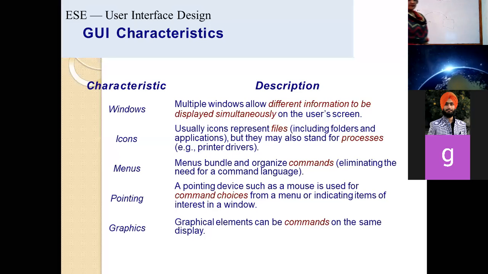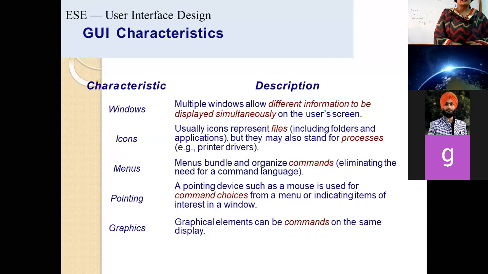From windows, we mean that multiple windows allow different information to be displayed simultaneously on the user screen. This is one of the characteristics we can incorporate while designing our user interface, that multiple windows can be opened simultaneously for various operations on the user screen.